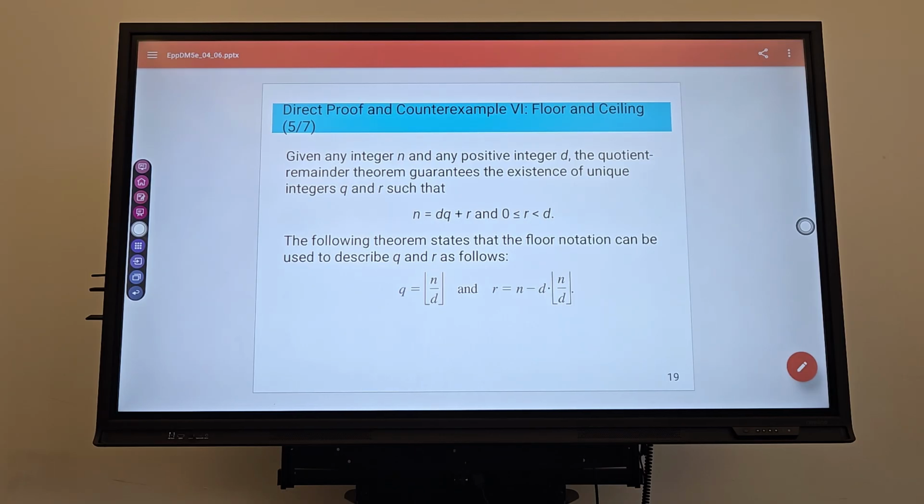The following theorem states that the floor notation can be used to describe q and r as follows. q equals n over d floored, and r equals n minus d times n over d floored.